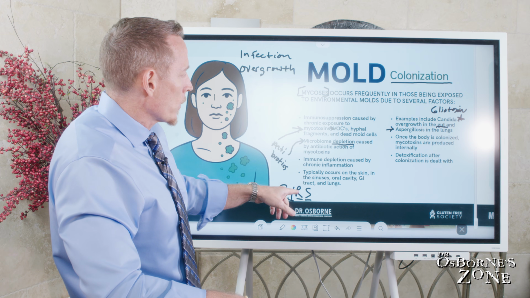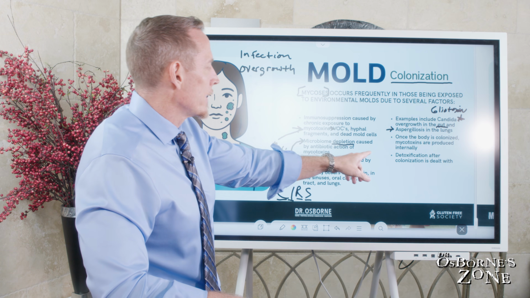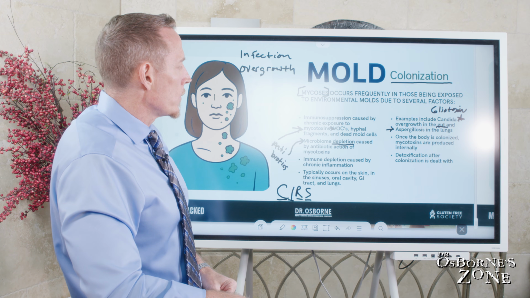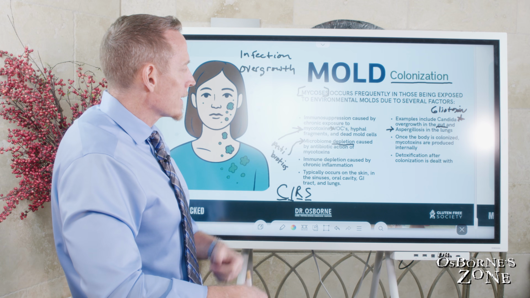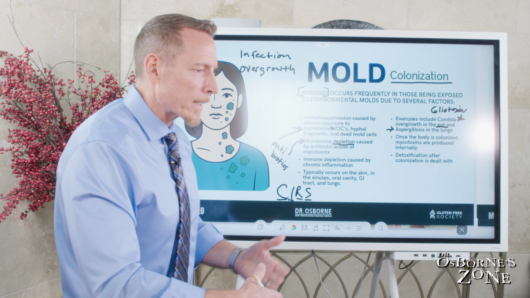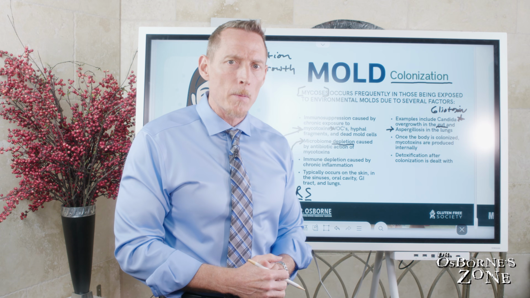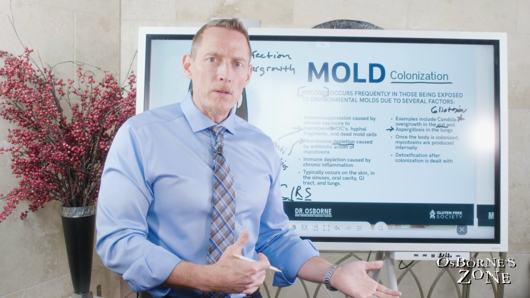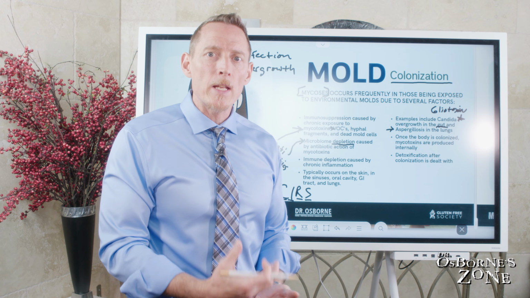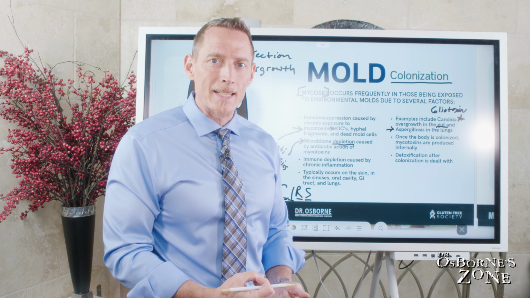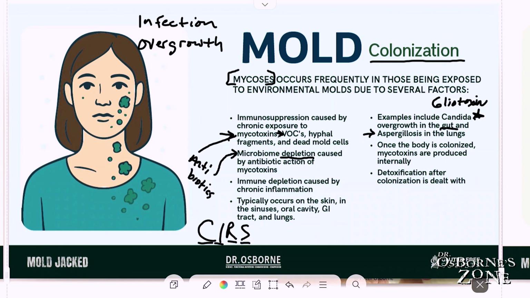But with chronic inflammatory response, your body becomes chronically inflamed, and that weakens your immune system as well. And so it sets the stage, right? Your immune system is distracted. It's so busy attacking the toxins that it's being exposed to from the environment that it's not capable of defending itself efficiently against mold colonizing the body. And so you get colonization.